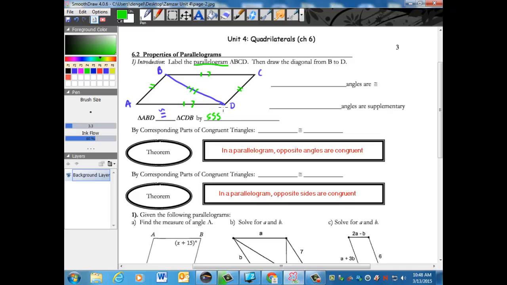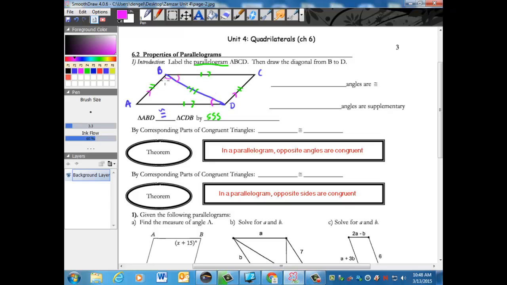However, there are more ways. So let's change this color. Since we know that these lines are parallel, cut by one transversal, alternate interior angles are the same. So let's put a mark here and a mark here. We also know that these lines are parallel as well. So we have two parallel lines cut by the same transversal.